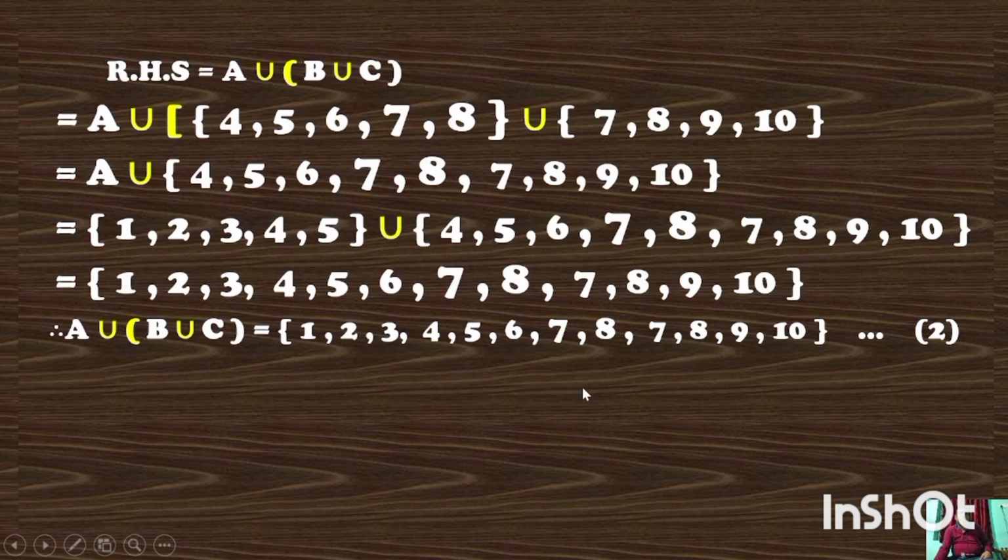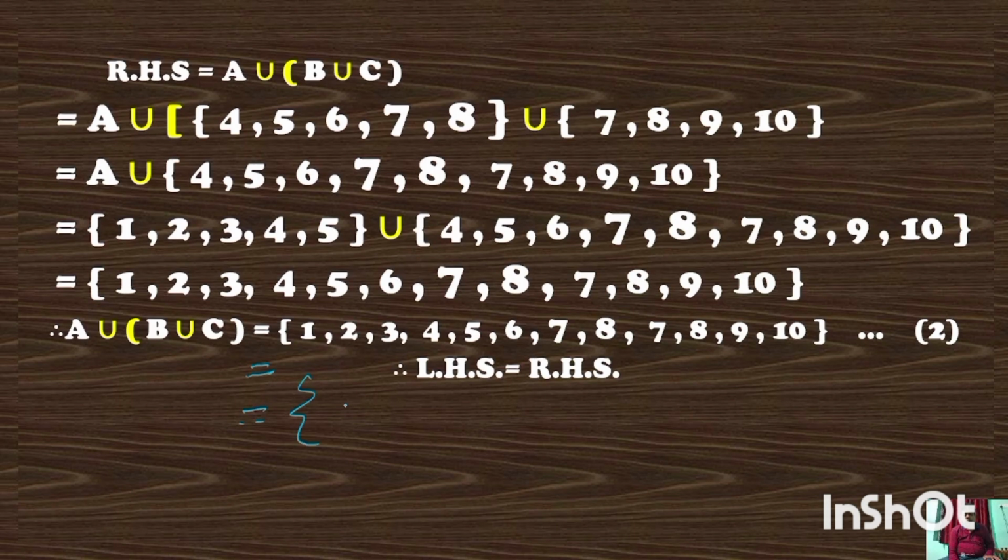If the elements are repeated and they are the same element, we can write the set just once. Understand? Here you can write all the elements, and hence we clearly understand LHS and RHS. Repeated elements are considered the same element, right?